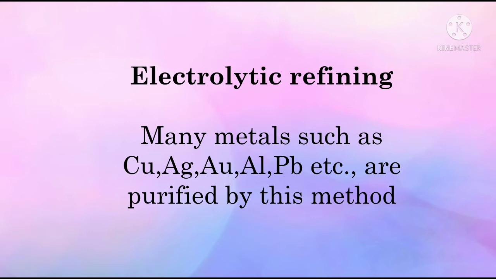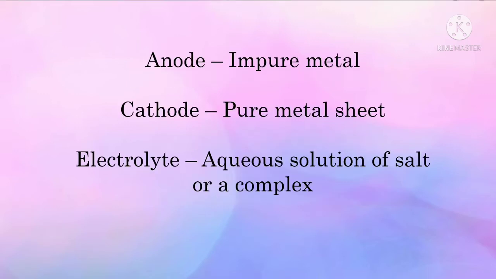In electrolytic refining, we need to remember three terms: anode, cathode, and electrolyte. The metal to be purified is taken as the anode.